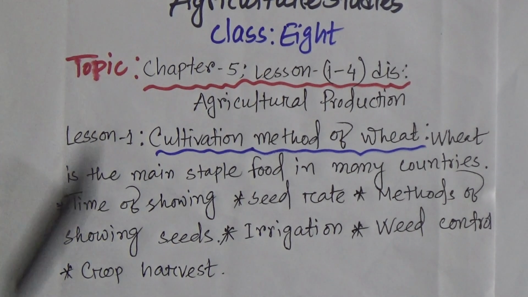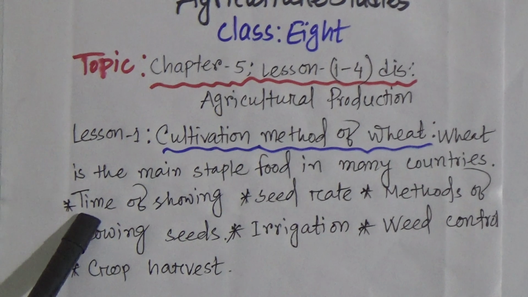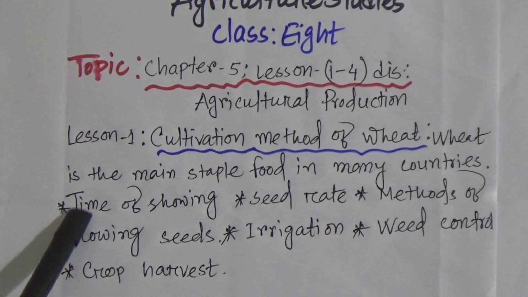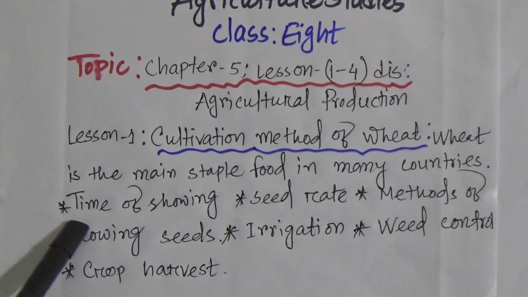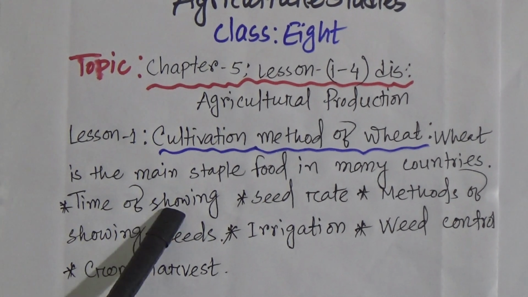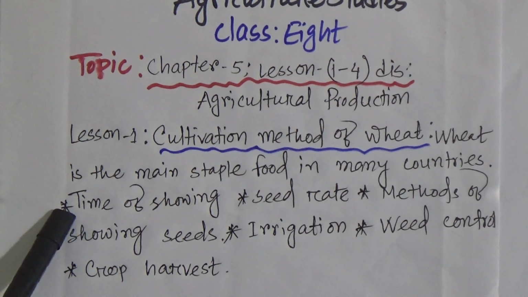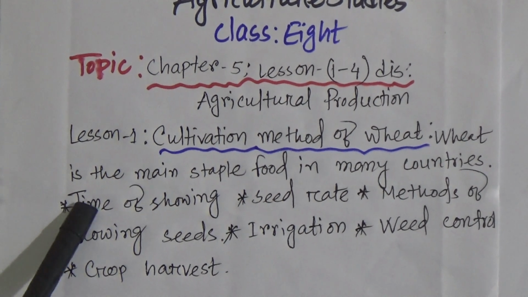And dear students, to get more harvest, farmers need to sow the seeds of wheat at the proper time. Especially in our country, from November to December, these crops are planted in the field.